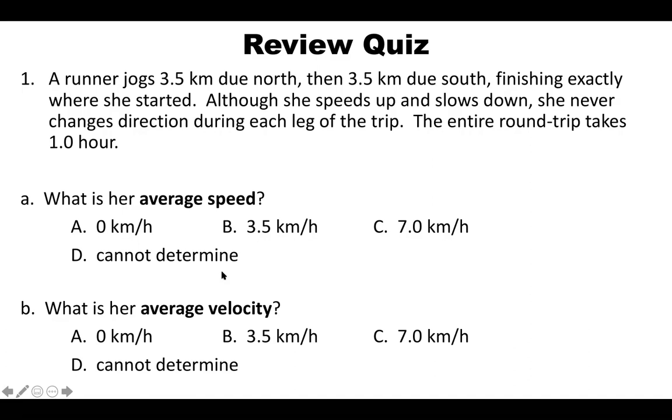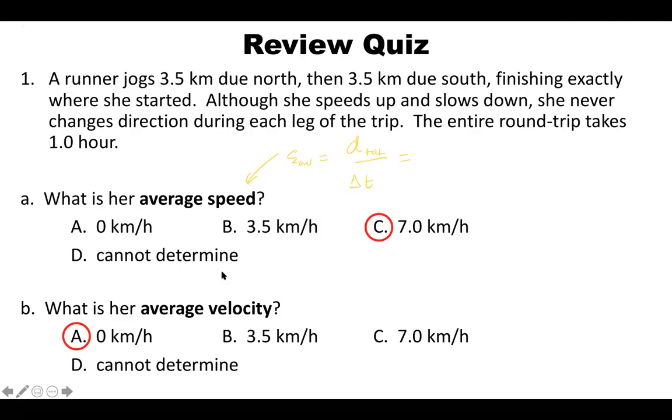Okay, I hope that the answers that you got were these two. First of all, just as a reminder, for average speed, the definition is distance traveled divided by the amount of time it takes.